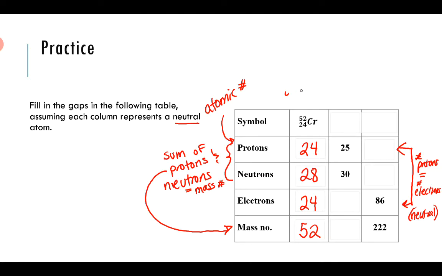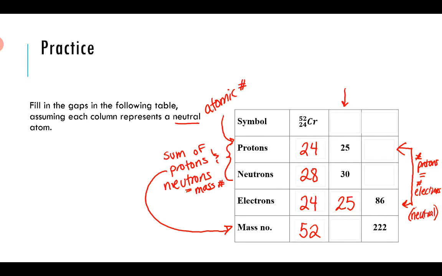Okay, now on to the second problem. The second problem doesn't tell us the symbol, but it does give us the number of protons. And we know that the number of protons is equal to the number of electrons because it's neutral. Then we can add these two together to get the mass number.